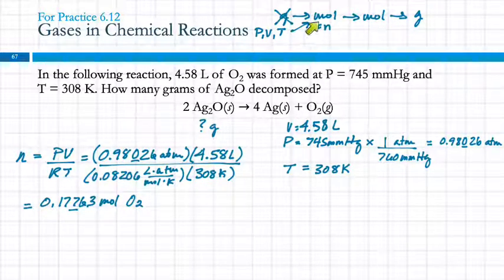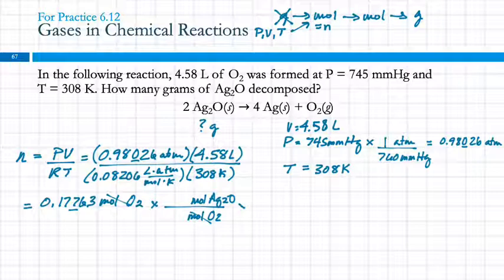So I'm right here. This is N, and now I'm going to go from moles of oxygen to moles of Ag2O and then grams of Ag2O. So those units cancel out. And those units cancel out.